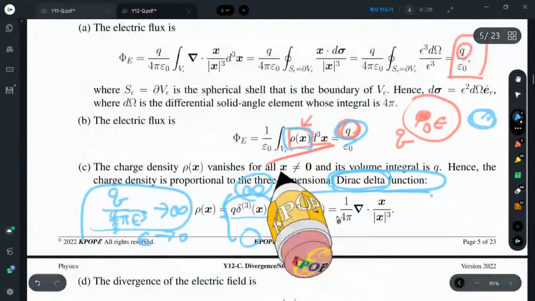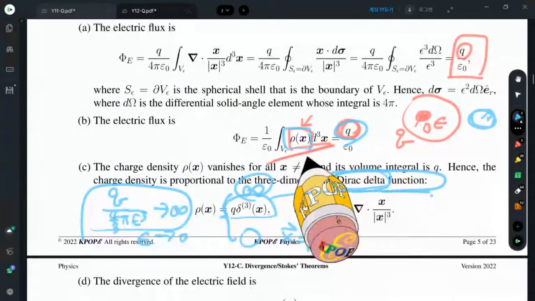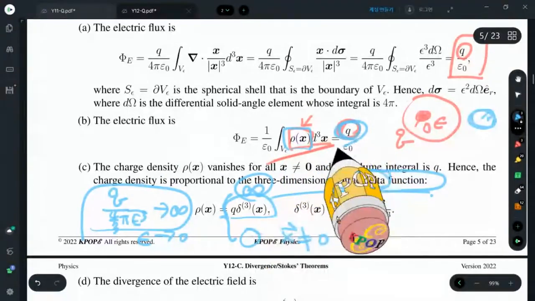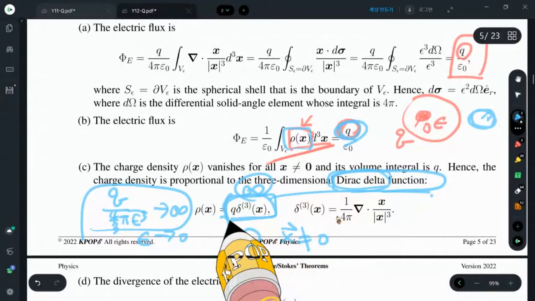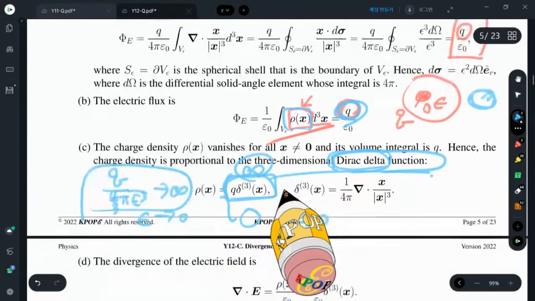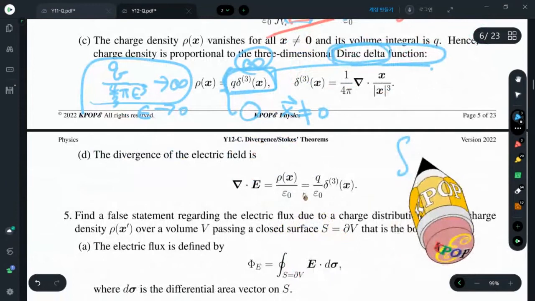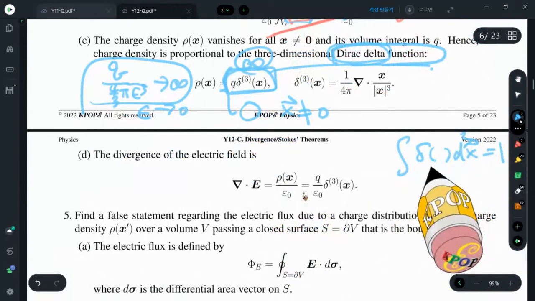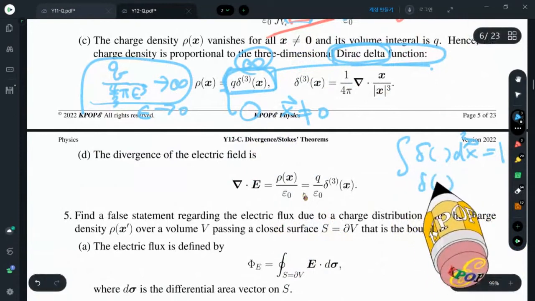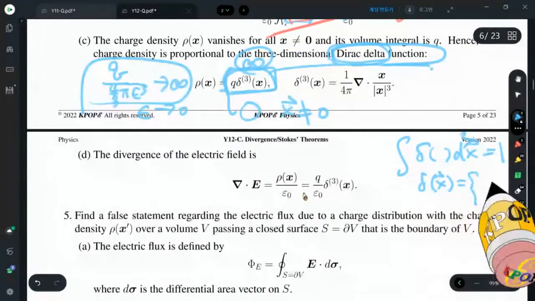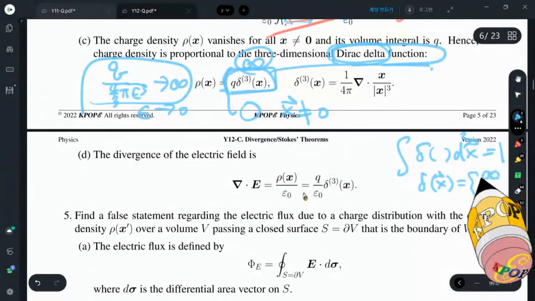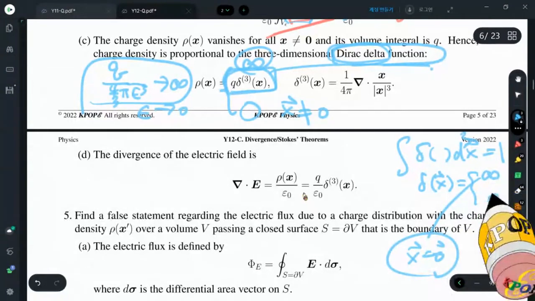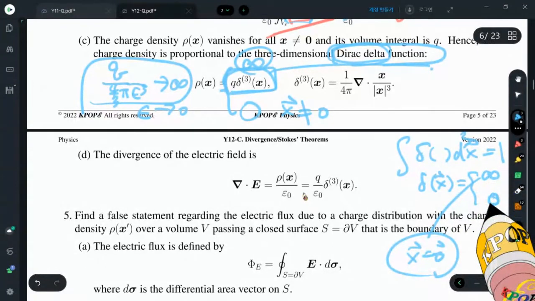Anyway, we have reached the point. This is nothing but the charge Q multiplied by the Dirac delta function. The Dirac delta function is a function whose volume integral is 1. And this is infinite at the origin only, and the value is 0 everywhere else.